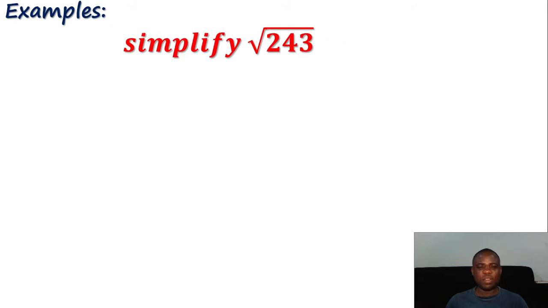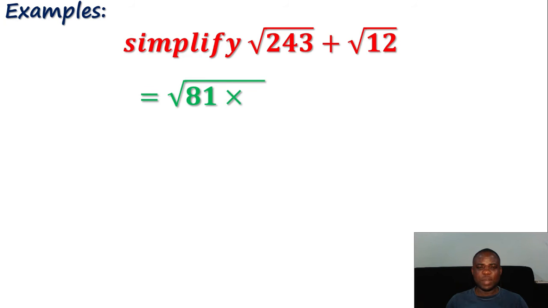Alright, so let's look at some examples. Now, if you are given an example like the square root of 243 plus the square root of 12, this is expected to be equal to the square root of 81 times 3 plus the square root of 4 times 3.